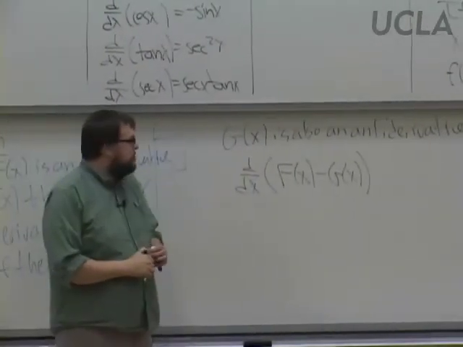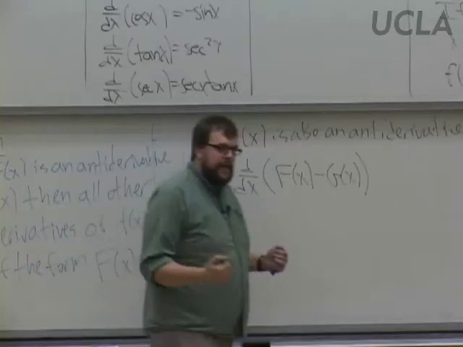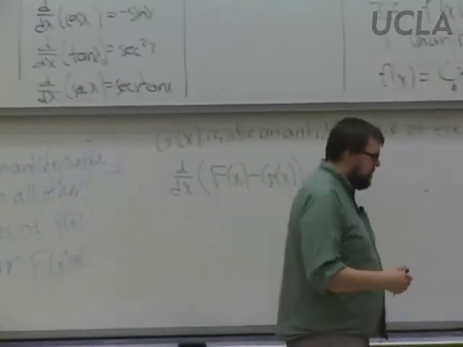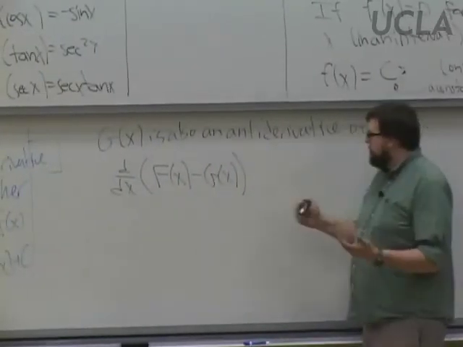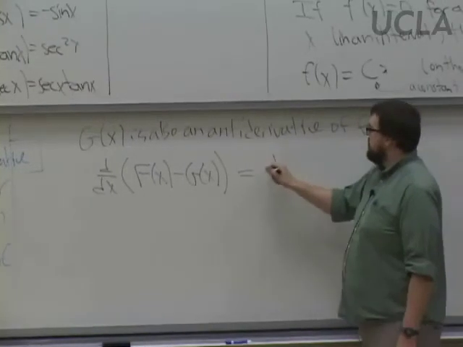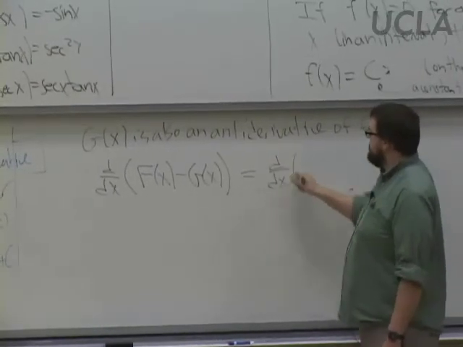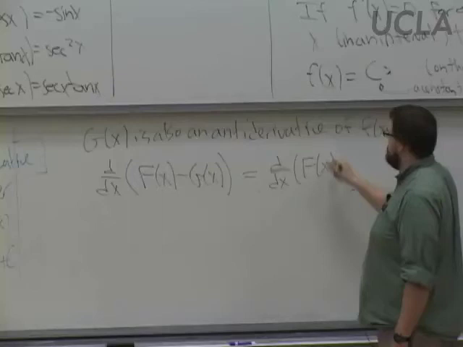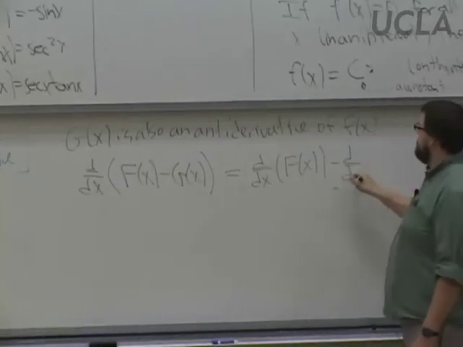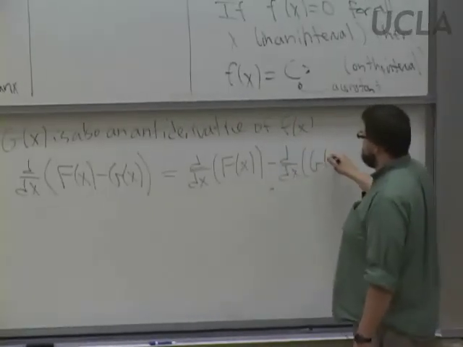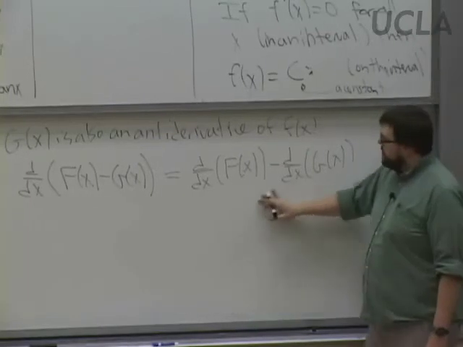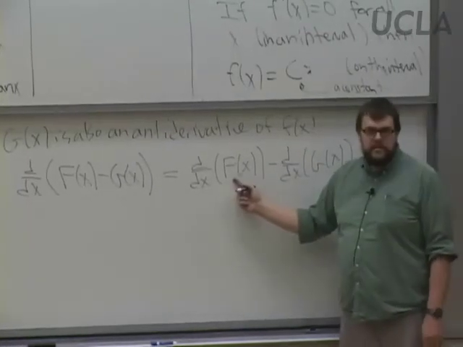And let's see what we get. Now, one of the rules we have about derivatives is that when we're taking the derivative of a sum or a difference, I can break it up. So I can take it as the derivative of capital F of x minus the derivative of capital G of x. But what do we know about capital F of x?